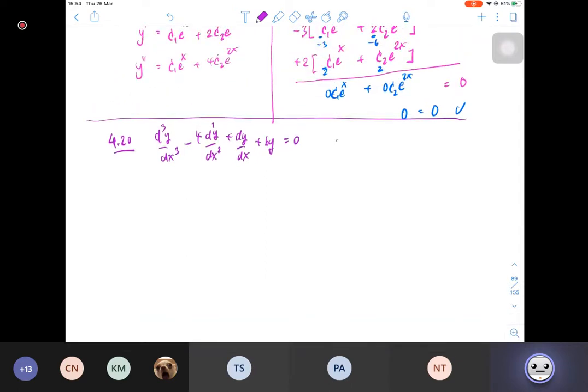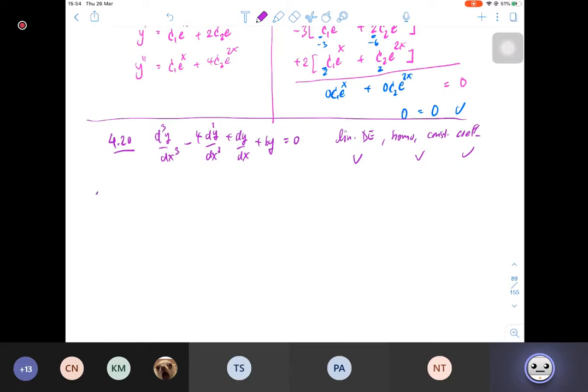Again, what you have to check is linear differential equations, homogeneous, constant coefficient, which all of them pass.